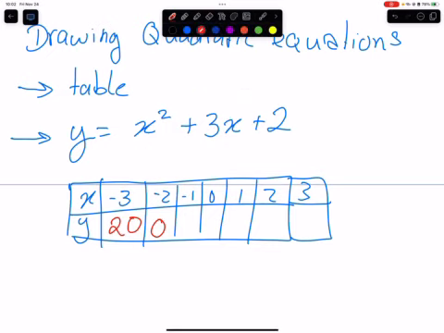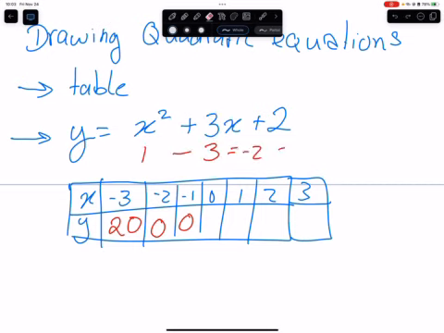So you have 1 minus 3 is negative 2, plus 2, it's also 0.